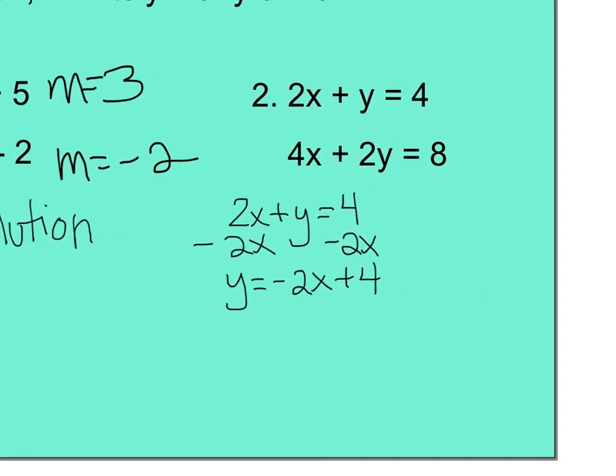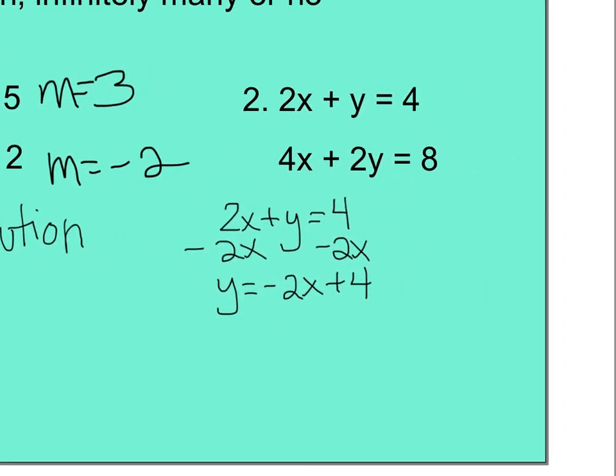Working on equation number 2, 4x plus 2y equals 8. So you should have subtracted 4x. And you would have had 2y equals -4x plus 8. Well, y is still not by itself yet, so we would divide everything by 2.